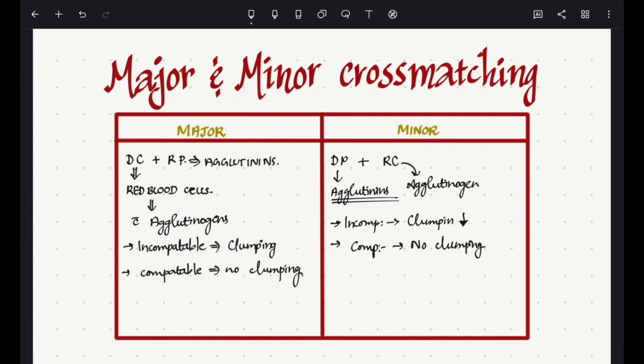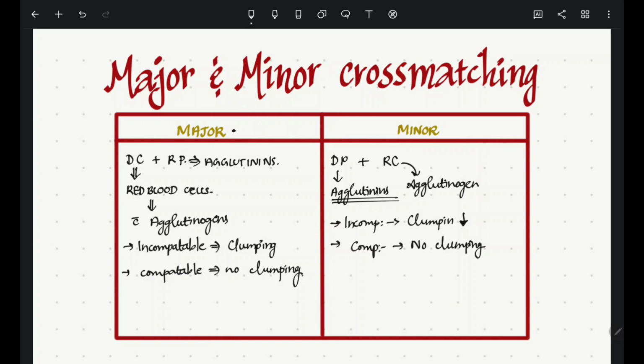Let's go through this once again. In major cross matching, we use donor cells and the recipient's plasma. Donor cells, the RBCs, contain agglutinogens and the recipient's plasma contains agglutinins. Agglutinogens are really antigenic, so this will cause a major clumping reaction. Now, why is this reaction called major cross matching?